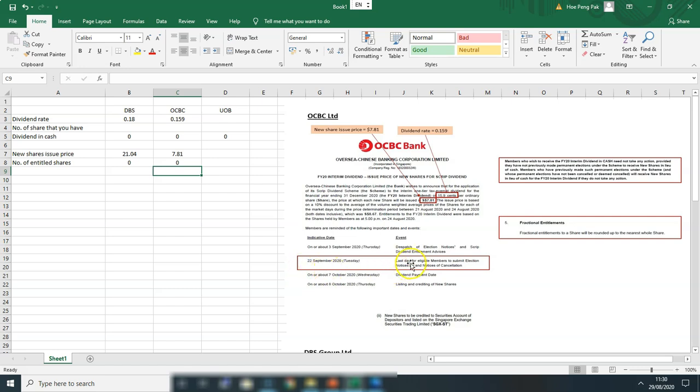It means that a few days before 22nd of September, you have to send in your form if you want to receive your dividend in scrips. Otherwise, if it goes beyond that date, then you will not receive your dividend in scrip. You can only receive it in cash. Remember this date. The other two dates are not as important because they just tell you when the cash or the scrip will get into your CDP account or bank account.